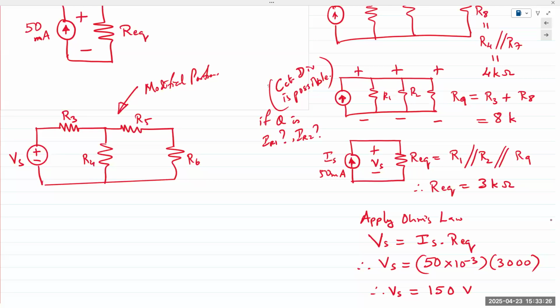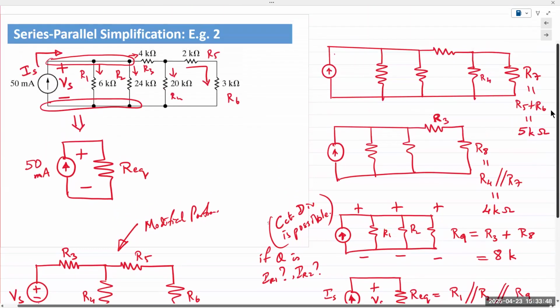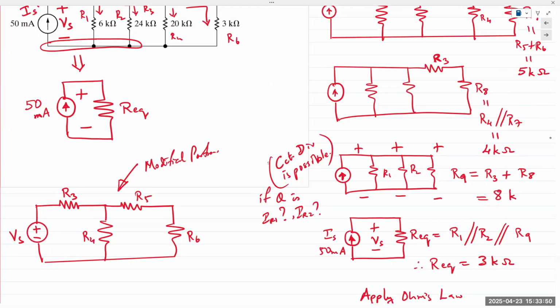Because that 150 volts is applied in parallel, we can consider it to be a voltage source that is being applied to the rest of the circuit on the right. So now at this point, if we want, we can apply voltage division also. Again, depends on what we are analyzing for. So if we wish to apply voltage division, we have a series connection of resistances.